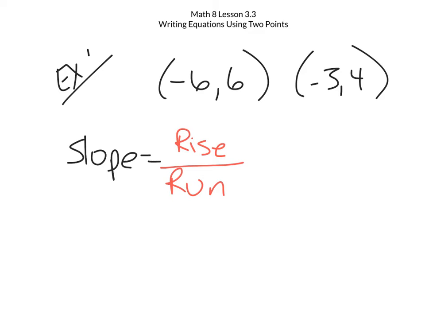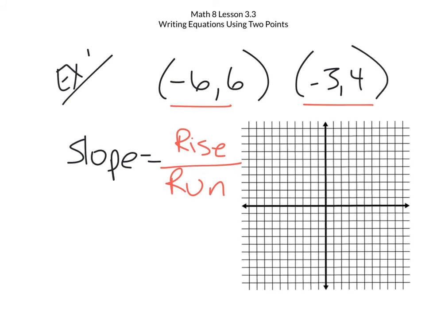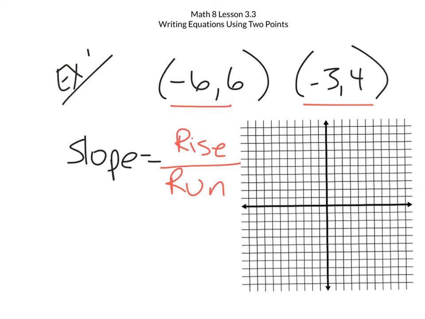Okay, so when they give you 2 points, you can graph them and calculate what the slope is. So if I graph -6, 6, I'm going to go down 6 and to the right 6.